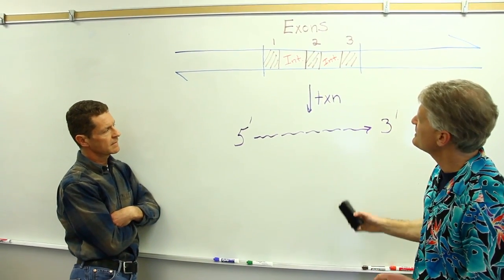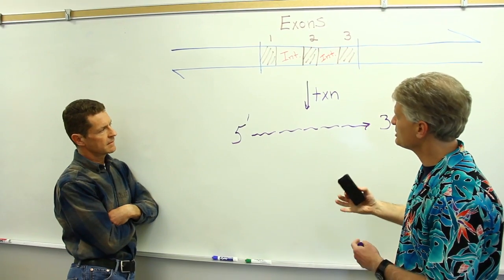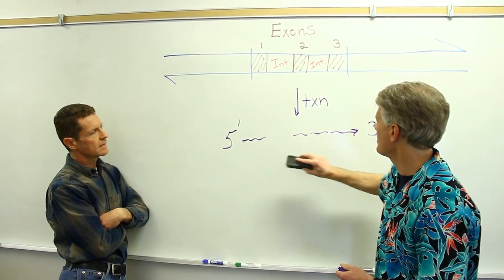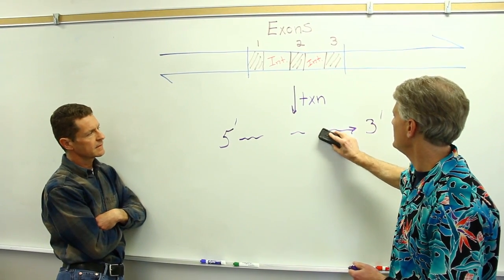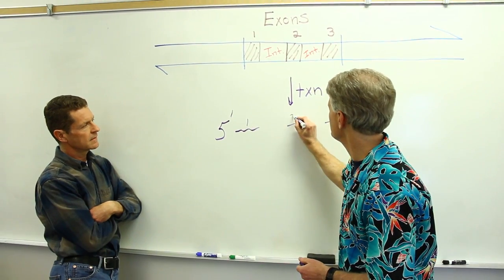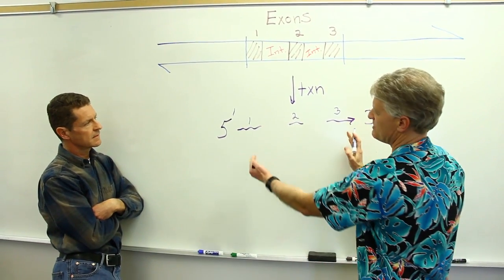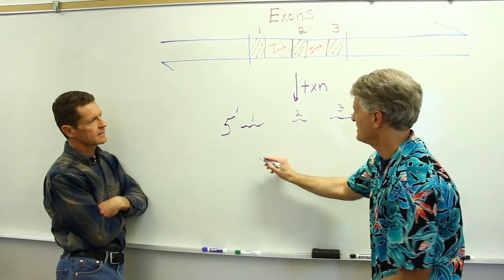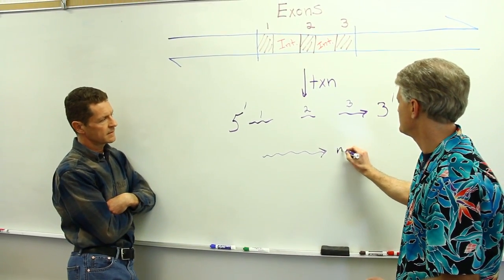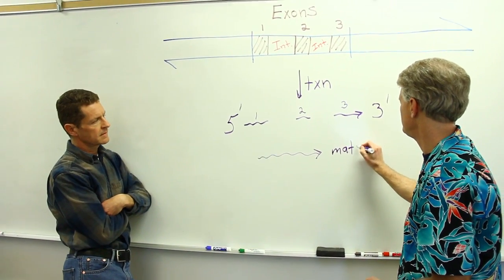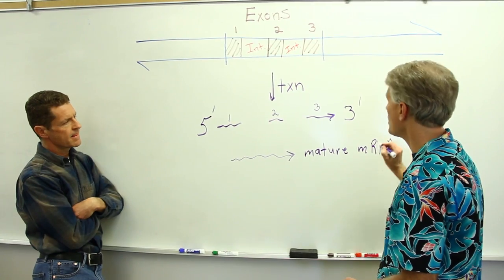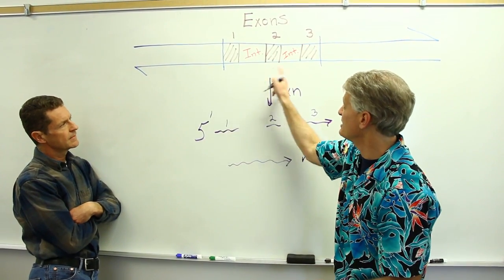We've made the cut. Now we will completely degrade the intron sequences in the RNA. And you are left with the 3 exon sequences that will then be ligated together. And we'll have a shorter messenger RNA sequence. This is the mature messenger RNA, containing only the exon sequences.